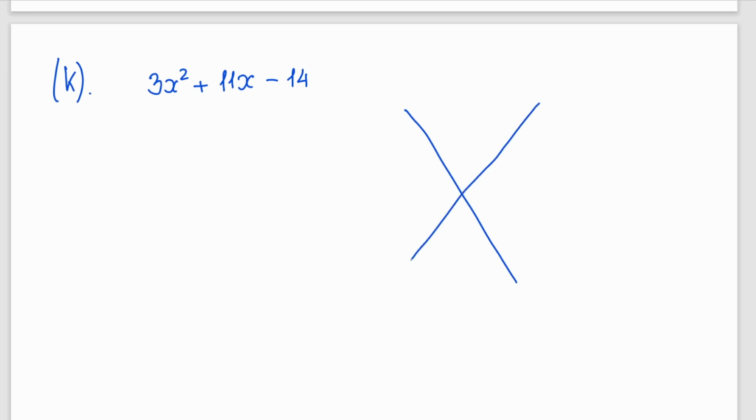Now let me do question K. Cross on the side. On top of the cross, I will have to multiply a and c. So that is 3 times negative 14. That's minus 42. And then copy number next to x at the bottom of the cross.